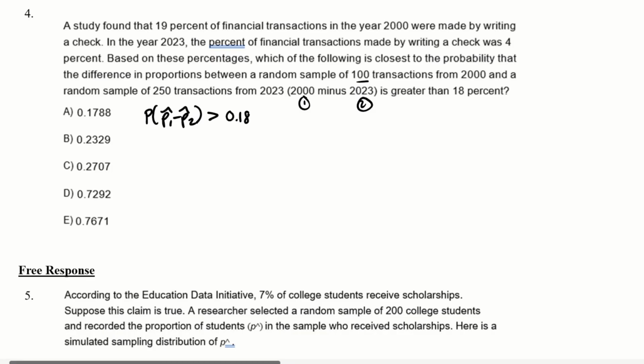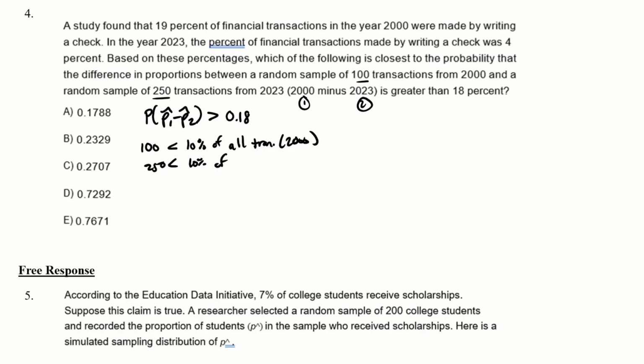So for the 10% condition, 100 is likely going to be less than 10% of all transactions for the year 2000, and 250 is also likely to be less than 10% of all financial transactions made by writing a check in the year 2023. So that means we can use a standard deviation.